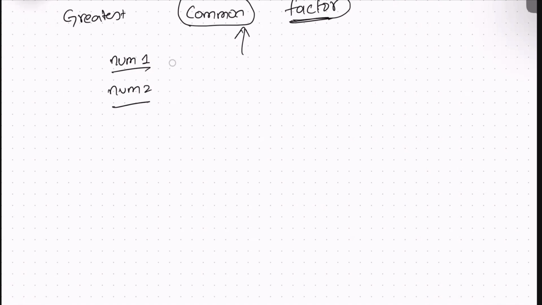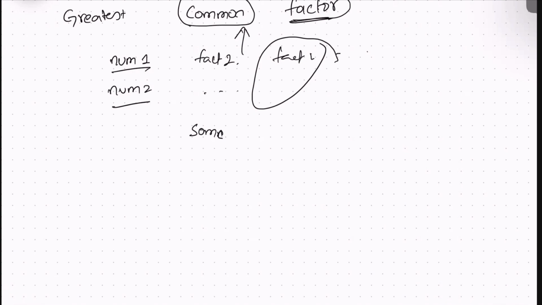Number one can have some factors, fact 1, fact 2 kind of thing, and number two also can have some factors, and you have to find a common factor from these two numbers, and the GCF says you have to select the greatest common factor from these numbers, right?